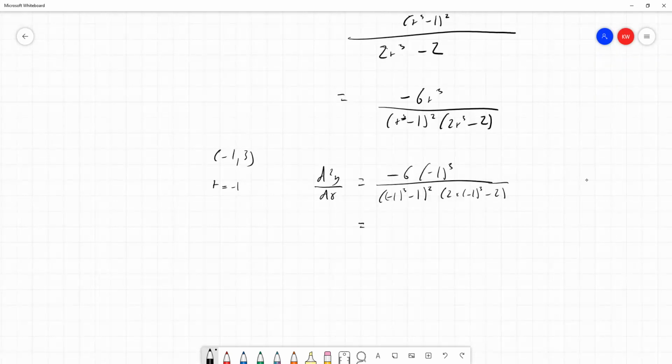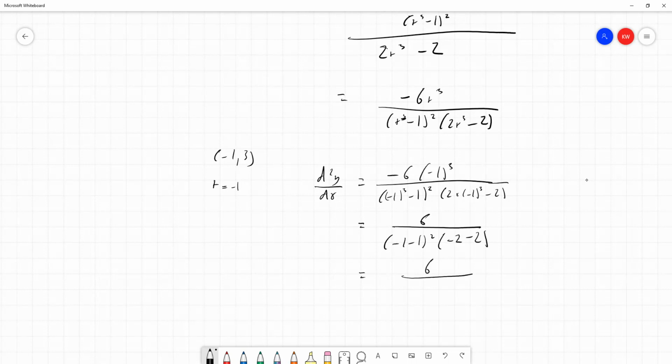So on top, well, minus 1 cubed is minus 1, times minus 6 is 6. On the bottom, our first bracket, minus 1 cubed is minus 1, so we'll have minus 1 minus 1. Here we have 2 times minus 1 cubed, which is minus 2, so we'll have minus 2 minus 2 in this bracket.